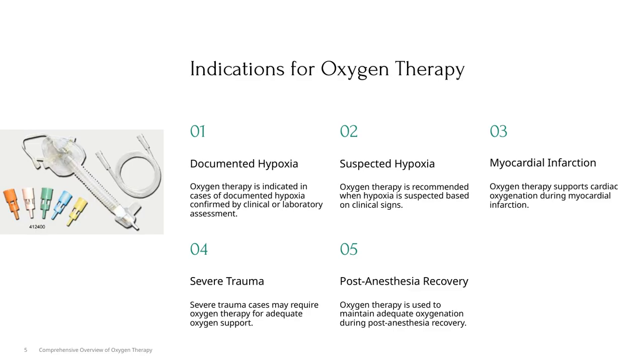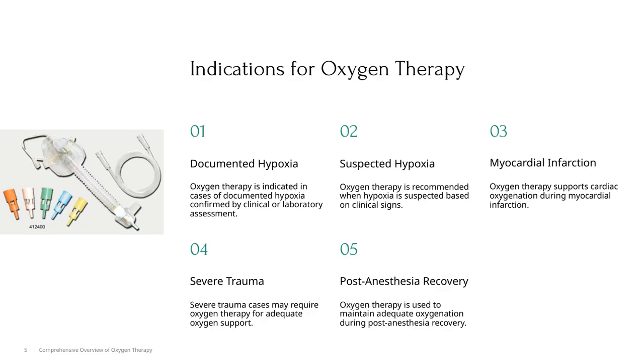First, oxygen therapy is primarily used to maintain adequate oxygenation during the post-anesthesia recovery phase. This is a critical period where patients may be vulnerable to hypoxia, so ensuring they receive enough oxygen helps support their recovery. In cases of severe trauma, oxygen therapy becomes even more essential.